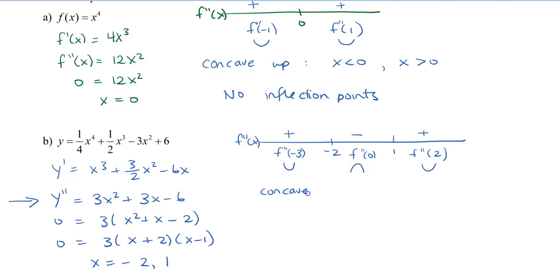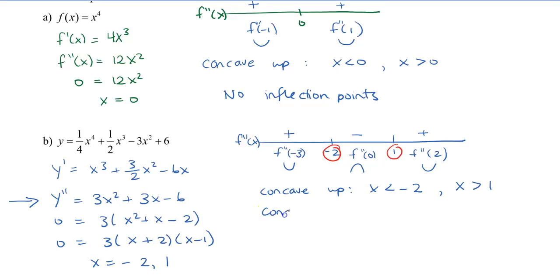So my graph will be concave up when x is less than negative 2 and when x is greater than 1. So that's at these points here. Actually, now that I have so much written, let's highlight that. So that would be this point and this point.